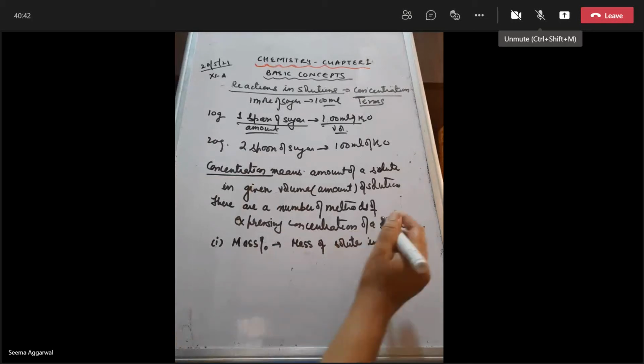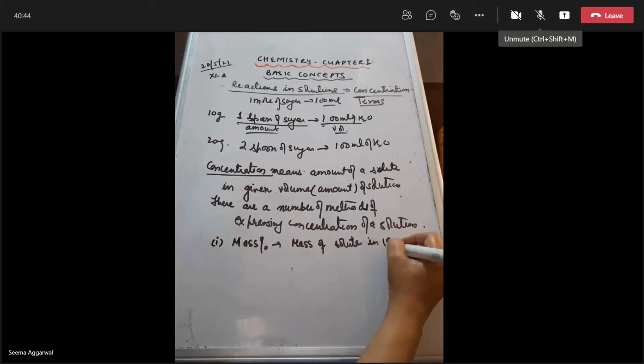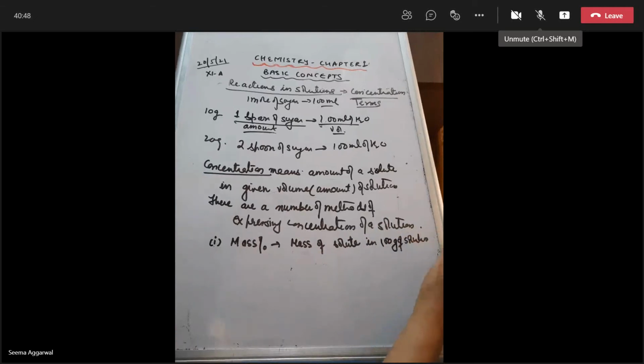The mass of the solute in 100 gram of solution. And generally we consider the solution. It means if I am taking total solution as 100 gram, the mass percentage means mass of solute in 100 gram of solution. So this is the definition of mass percent.